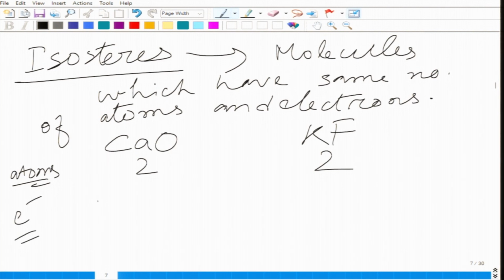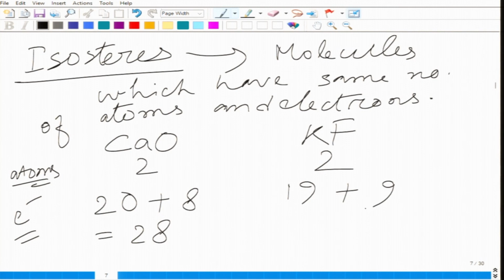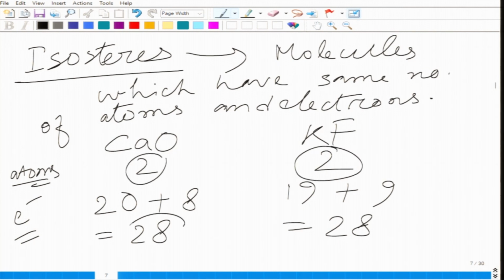Calcium has an atomic number of 20, so 20 electrons, and oxygen has 8 electrons. So it is 28. Potassium has 19 electrons and fluorine has 9 electrons, so it is again 28. So both of them have 2 atoms and 28 electrons each. So they are isosters.